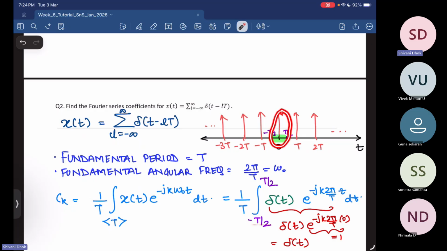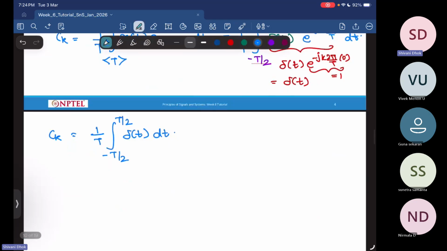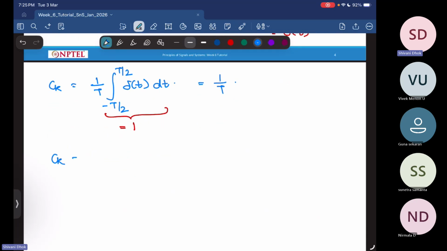The region of integration here is from minus t by 2 to t by 2, and we see that this delta t is included in the region of integration. So therefore the value of this particular integral here will be equal to 1. So this is equal to 1 by t. So we get ck equal to 1 by t for all k in the set of integers. Is it clear? Any questions?